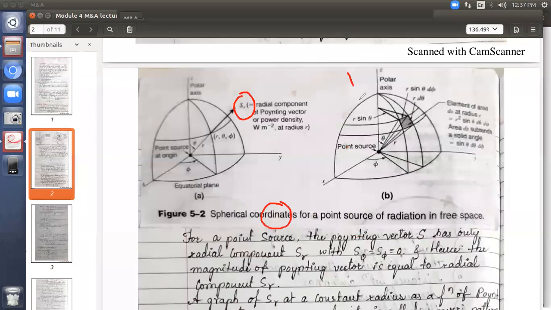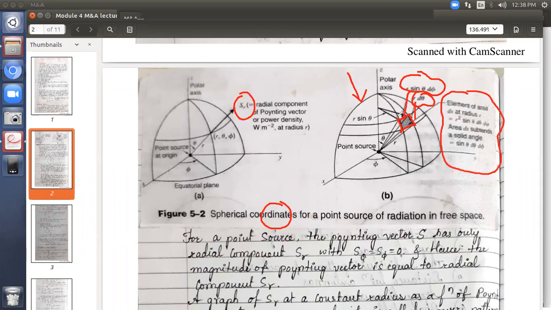And I have already explained this when I was taking the beam area. A patch, a small area we considered. We have taken these two sides: how it is r d theta, how it is r sine theta d phi. That I have already explained.